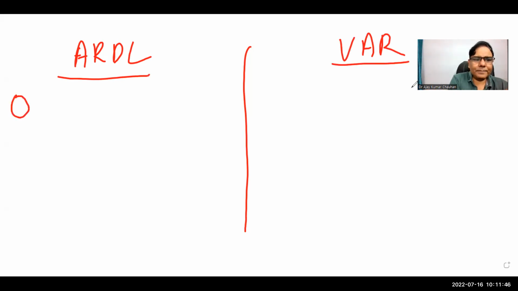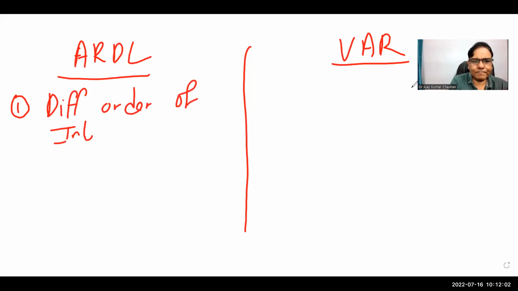So ARDL is applicable when the dependent and independent variables have different orders of integration. In that case, ARDL is also applied.